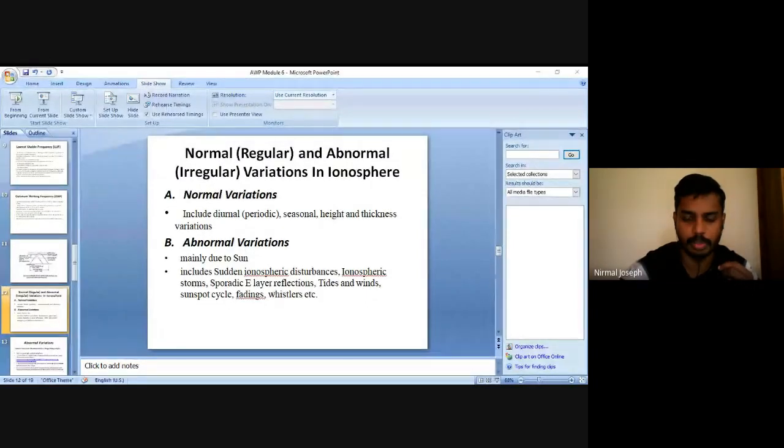Sporadic E-layer, 90 kilometer to 130 kilometer. Why is it called sporadic, or what is the speciality of that? Yes, production of clouds, unpredictable, not fluctuated, presence of clouds.